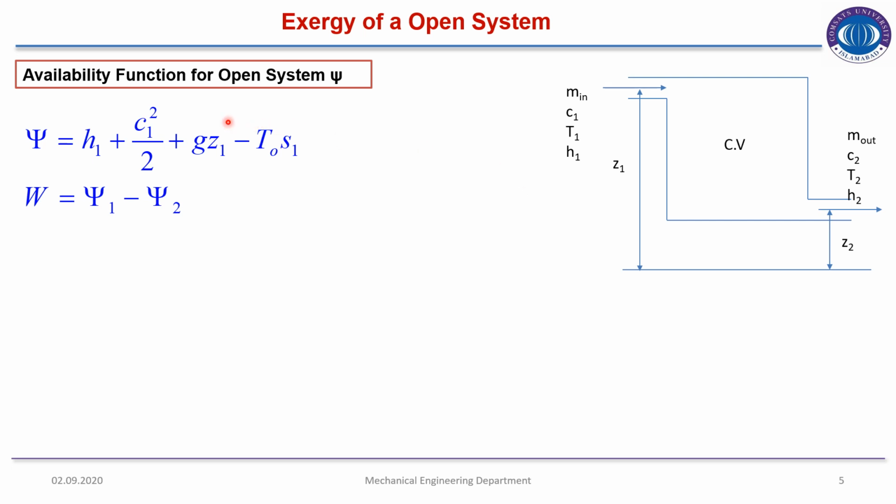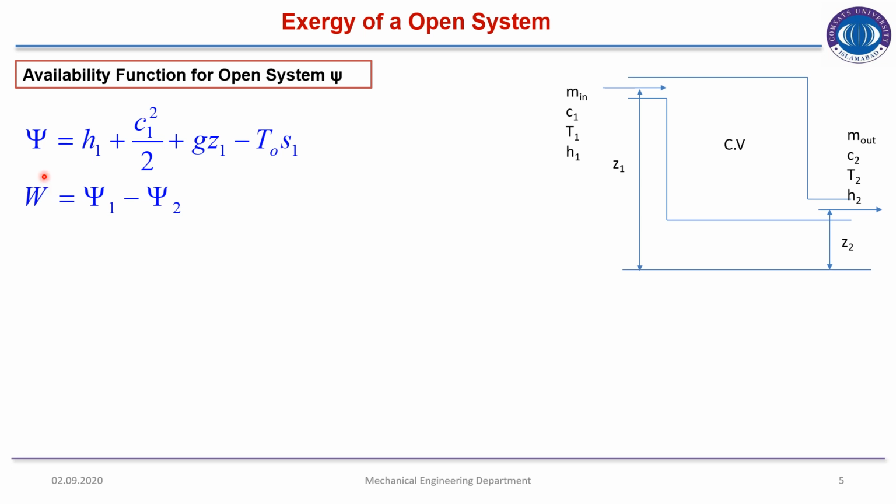Now we want to convert that relation in terms of the availability function. The availability function for open system is represented with the symbol psi. So psi is equal to enthalpy plus kinetic energy component plus potential energy component minus T naught S.